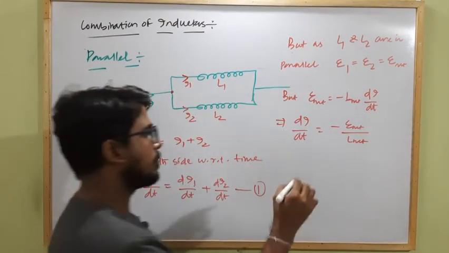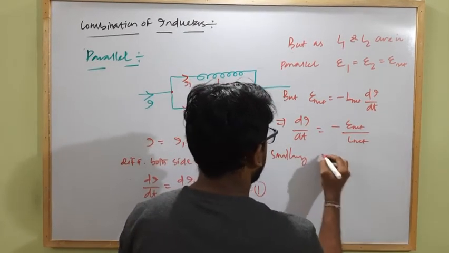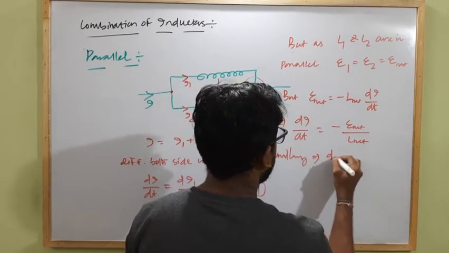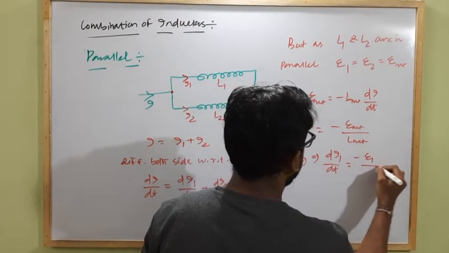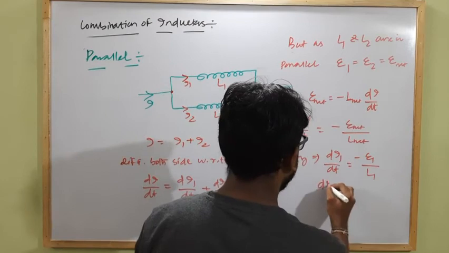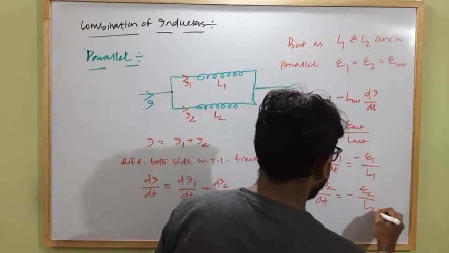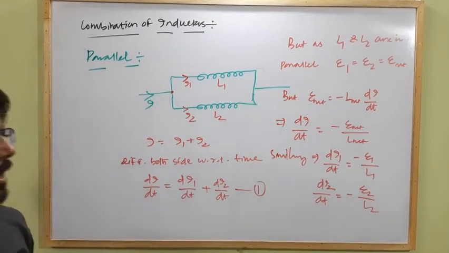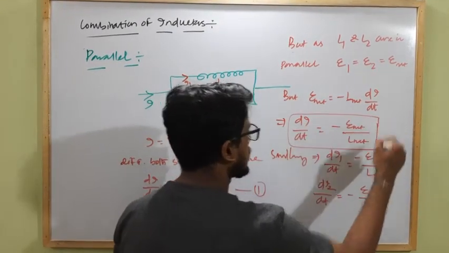Clear? Similarly, we can write di1 by dt equal to minus E1 by L1, and di2 by dt equal to minus E2 by L2. The net rate of change of current is the net EMF by the net inductance.